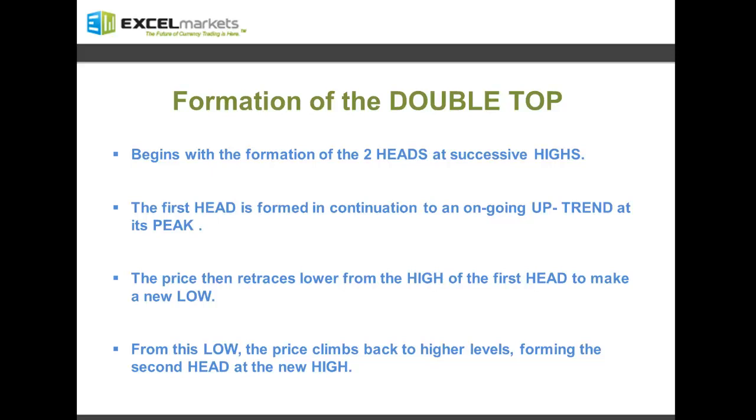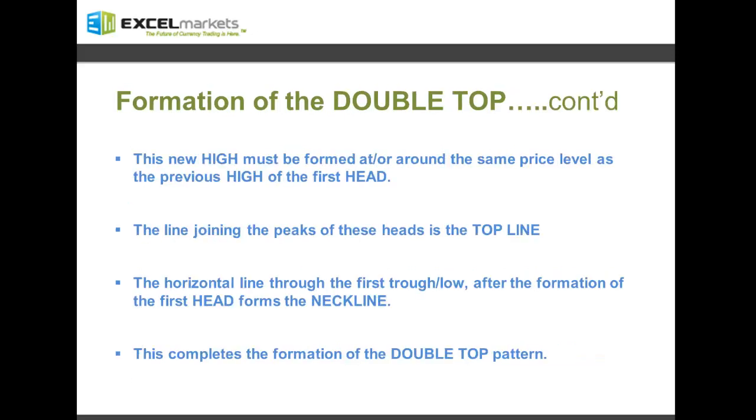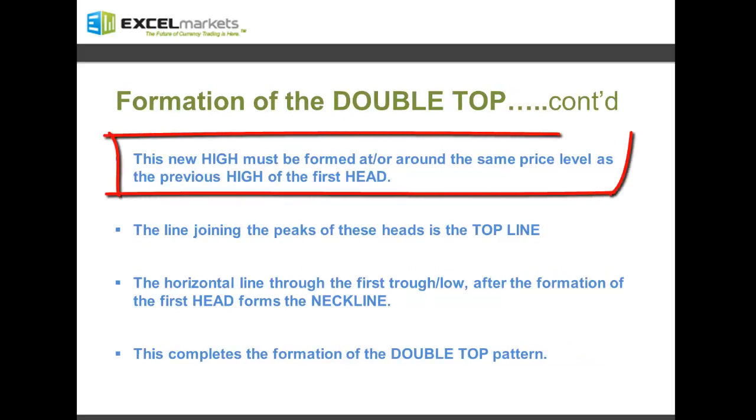This completes the formation of the first head. From this low, the price then climbs back to higher levels, forming the peak of the second head at the new high. This new high must be formed at or close to the same price level as the previous high of the first head.